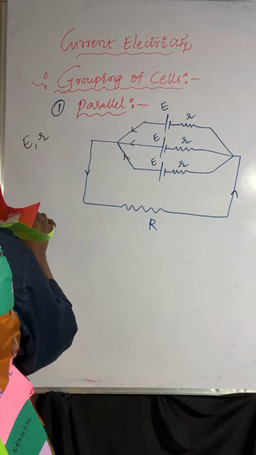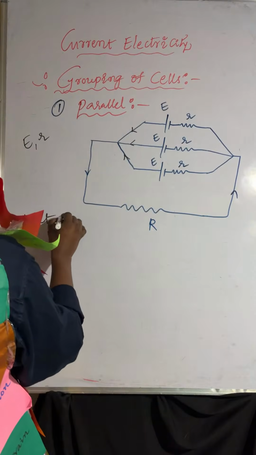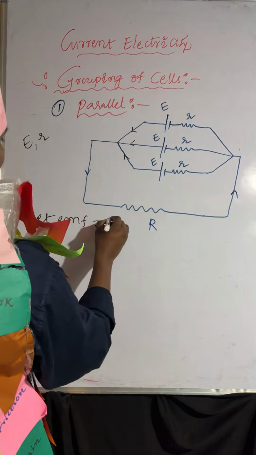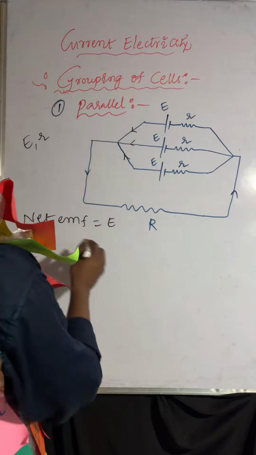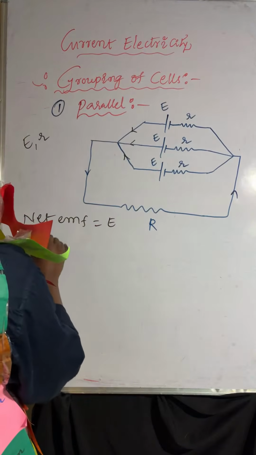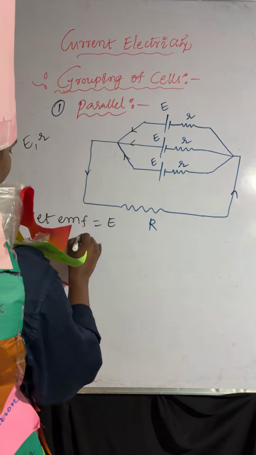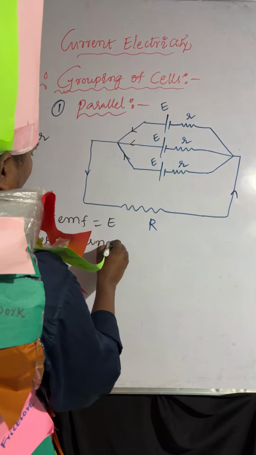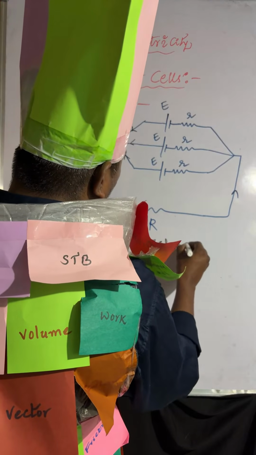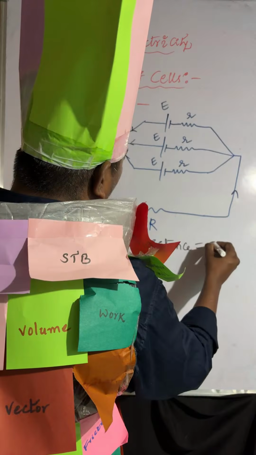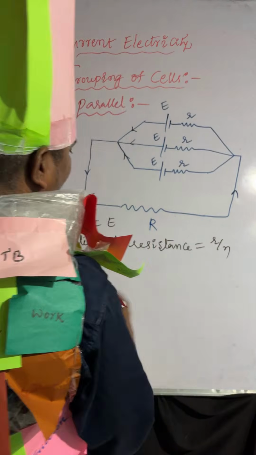Then net EMF equal to E, because those are connected in parallel combination. Net internal resistance is nothing but r by n.